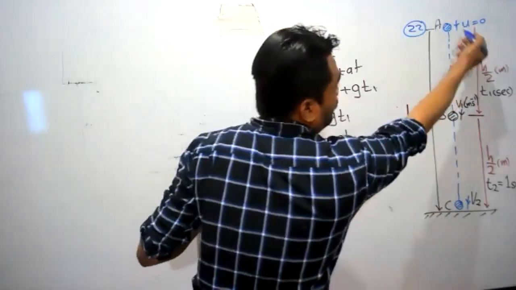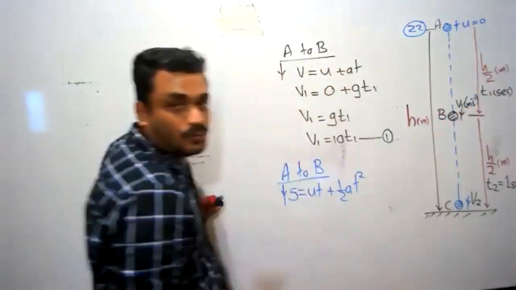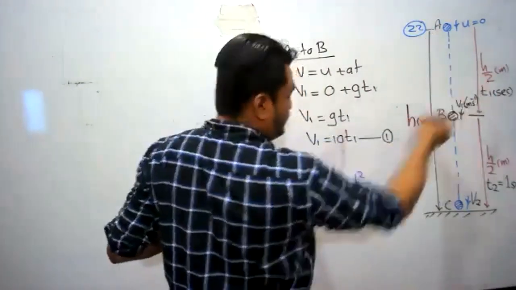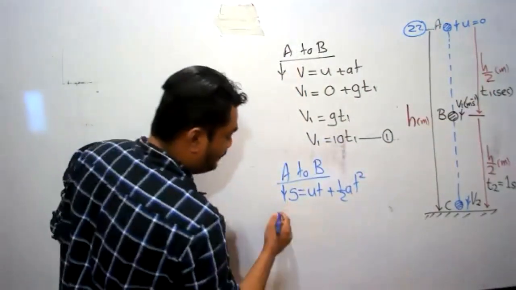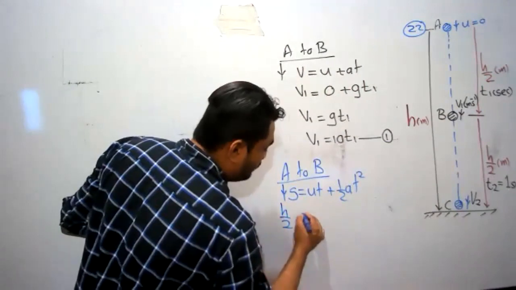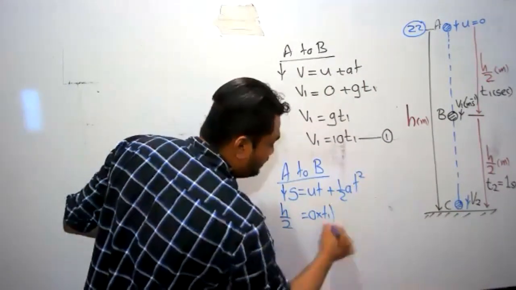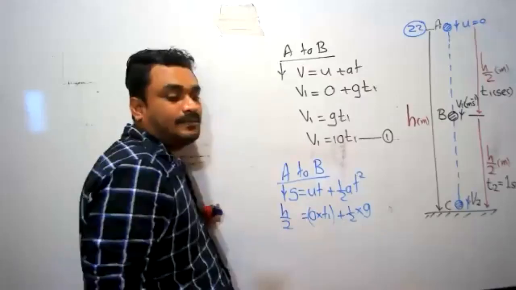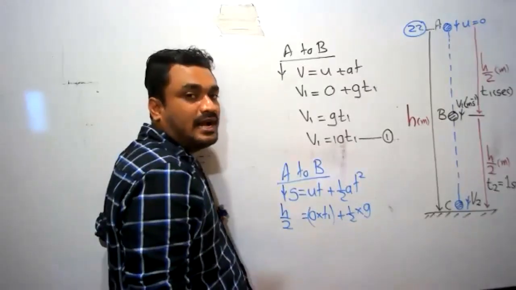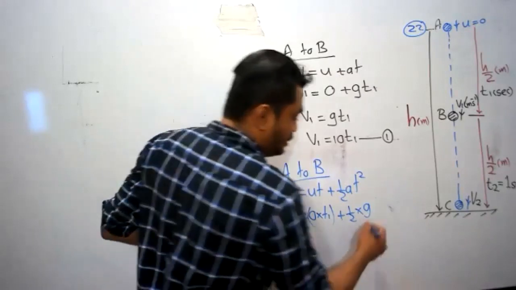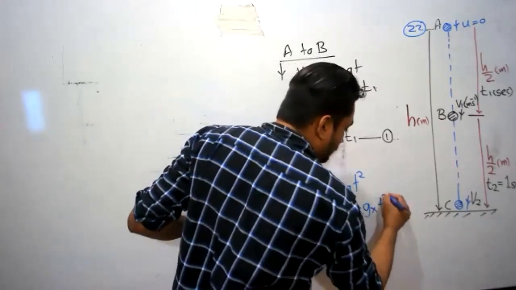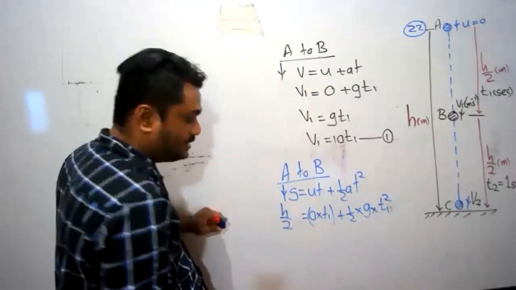The displacement from A to B is H over 2. Initial velocity is 0, time taken T1, plus half acceleration. When an object is falling freely under gravity, acceleration is simply G. Time taken is T1, and we take the square of it.